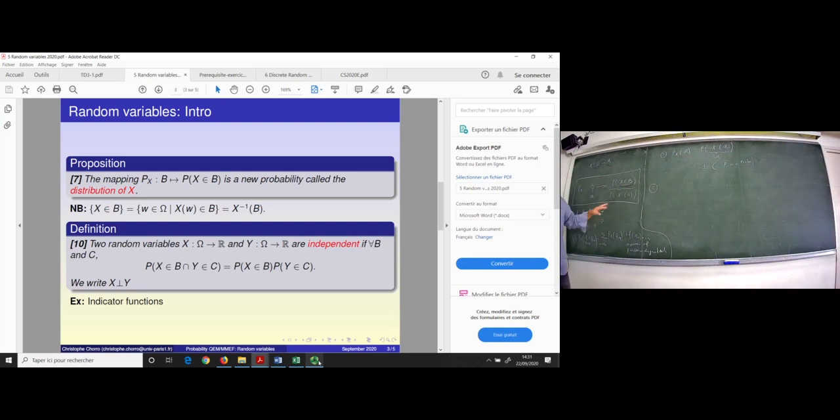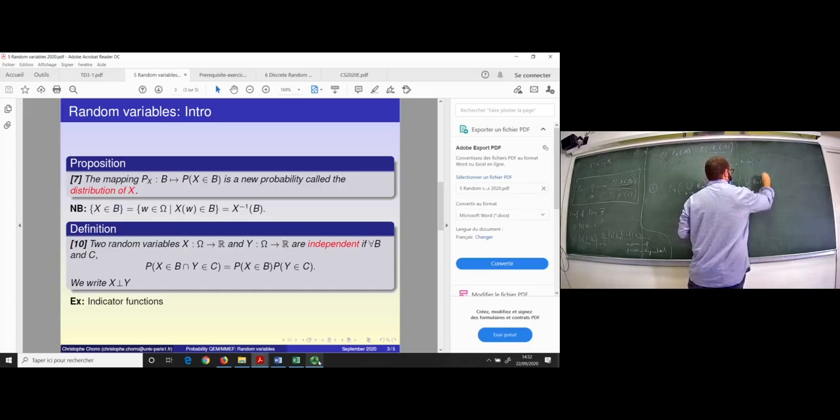So secondly, I start from my sequence of pairwise disjoint sets, and I am interested in Px of the union, where the Bn are pairwise disjoint sets. Okay? So once again, what I can do first, I can use the definition of what is Px. Px is just the probability of X minus 1 of the union of the Bn.